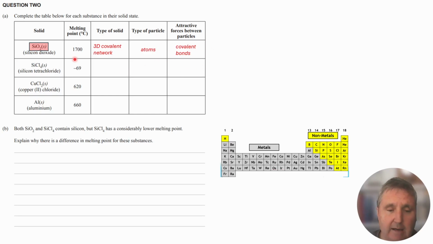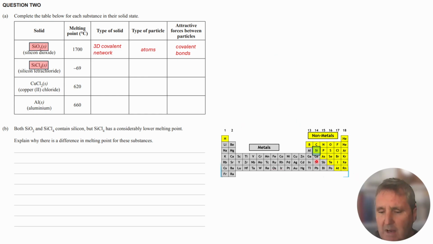When we get to the next solid, we have silicon chloride. What we want to do is use this periodic table down the bottom here, and find out where silicon is. Here it is. It's a non-metal. Remember, you'll be given a periodic table, but you won't have the staircase on there, and you always just start the staircase just above aluminium, and you draw it down so you can recognize where the non-metals and the metals are.